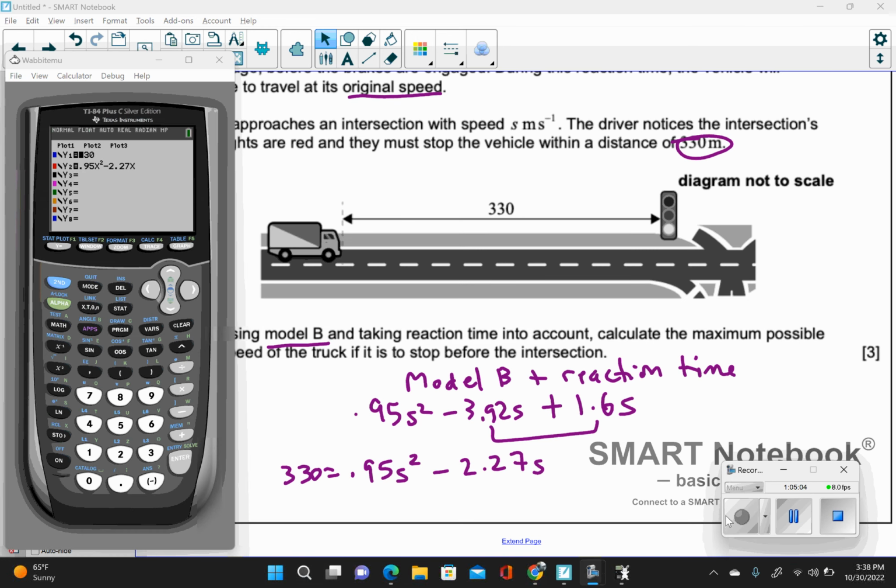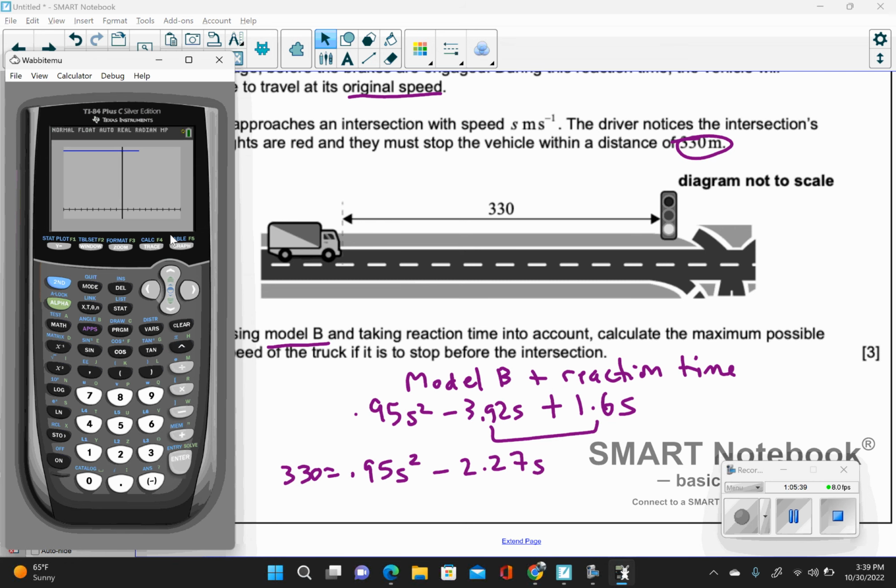All right, so you plug in what's on the left side, which is 330, under Y1, and what's on the right side of the equal sign under Y2, and you hit window because we need to change the window. If I leave it as negative 10 to 10, I want to see what happens here. So over here, I changed this to negative 50 because I know that the max has to be 330, so I made the max 350 so I can see everything, and I hit graph.